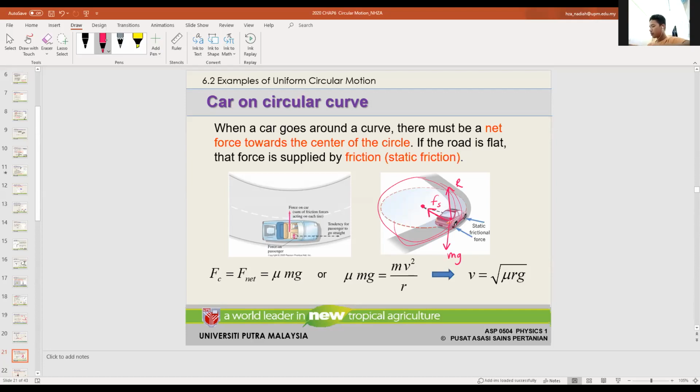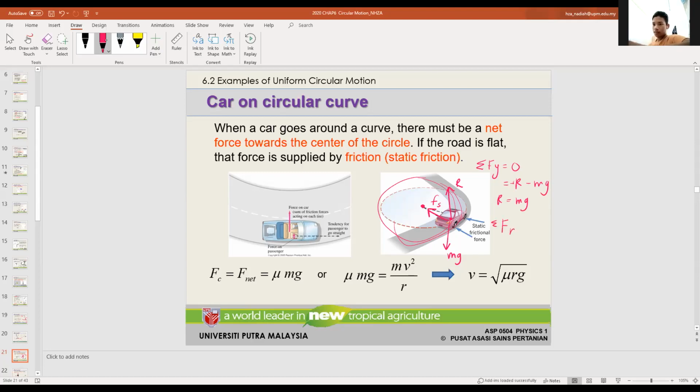In your radial direction you have static friction. Your equation becomes Fy equals to 0. You are not flying, you are not going upwards, you're just on the road, right? So your vertical net force is 0, and positive R minus mg equals 0, which means your R is just mg. Okay, that's your first one.